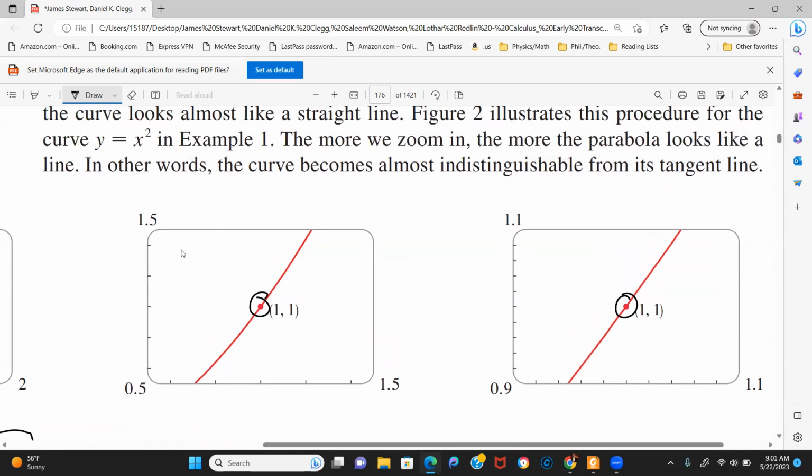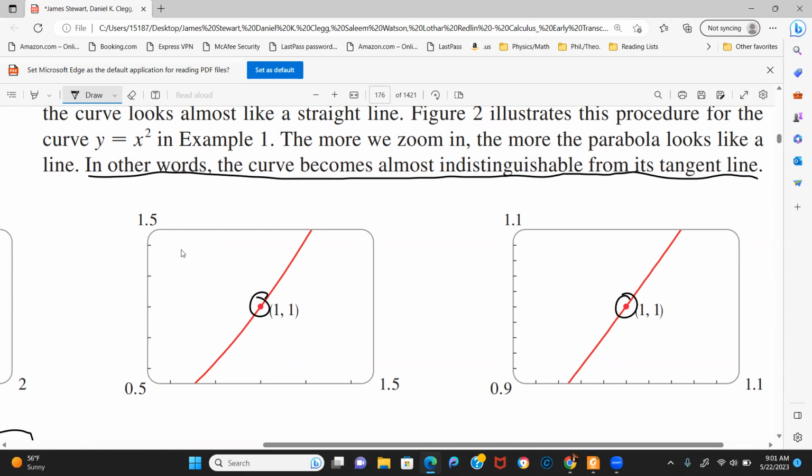In other words, the curve becomes almost indistinguishable from its tangent line. Again, I know I haven't introduced it, but here's a way of thinking about differentiable functions.